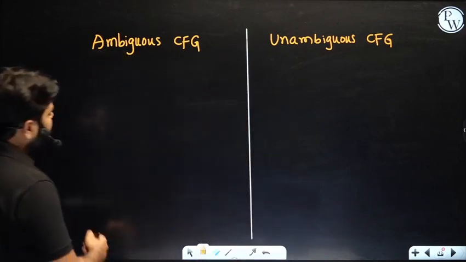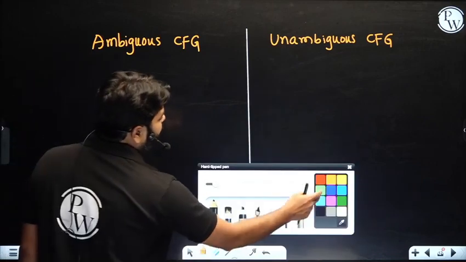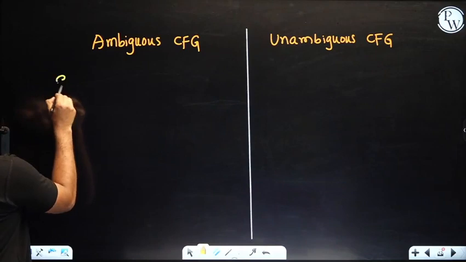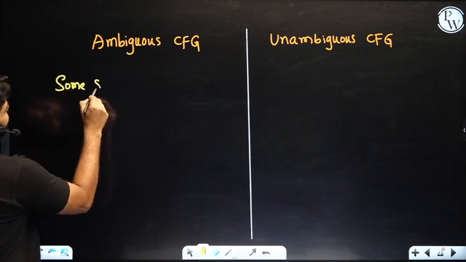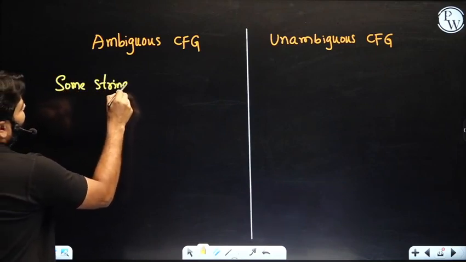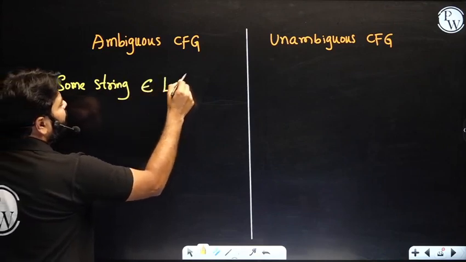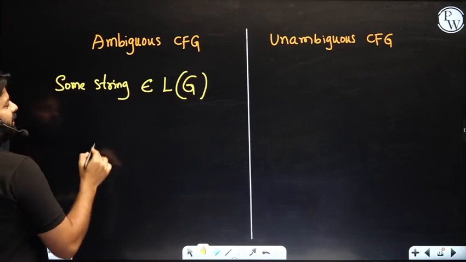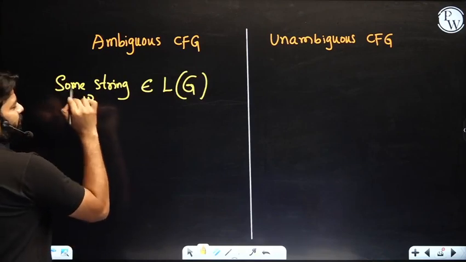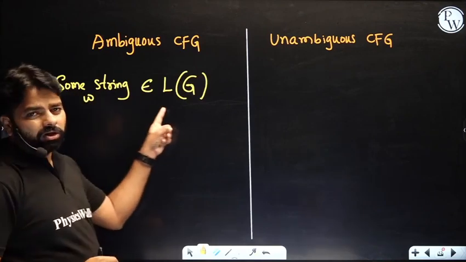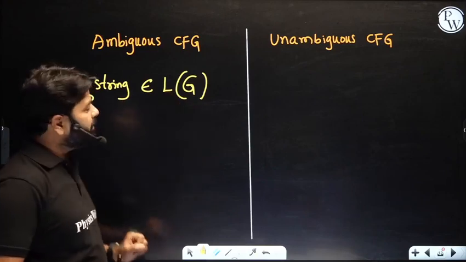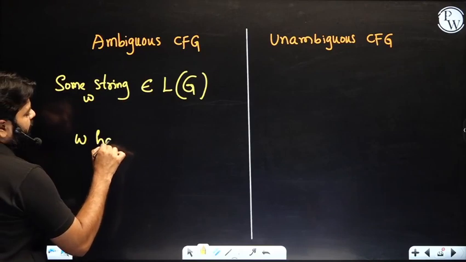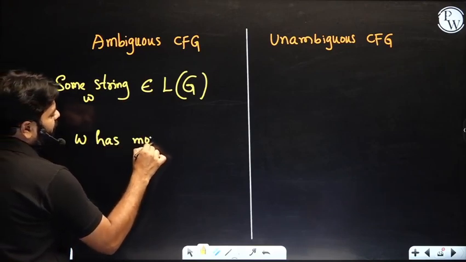Okay, so I'll write it in a simple way to represent. There exists some string which belongs to the language generated by the grammar. Let's say that string is W. That W belongs to the language generated by the grammar, and this W has more than one parse tree.